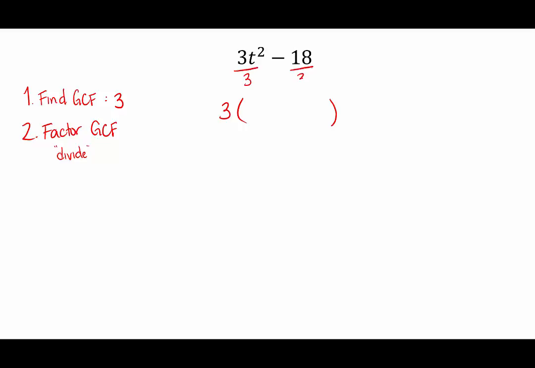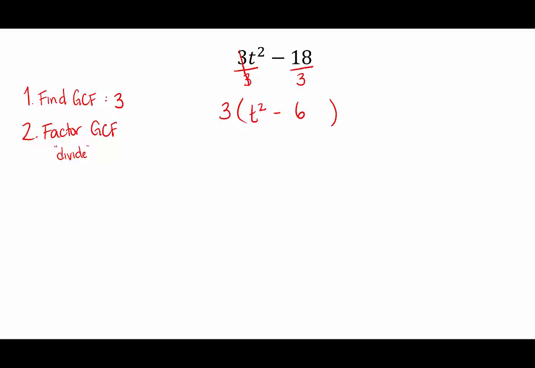So 3t squared divided by 3 and negative 18 divided by 3. Now when I do this division, 3t squared divided by 3, these 3's reduce down to 1, so I'm left with just t squared. And then I have minus 18 divided by 3 is 6. That's how you would factor a GCF.